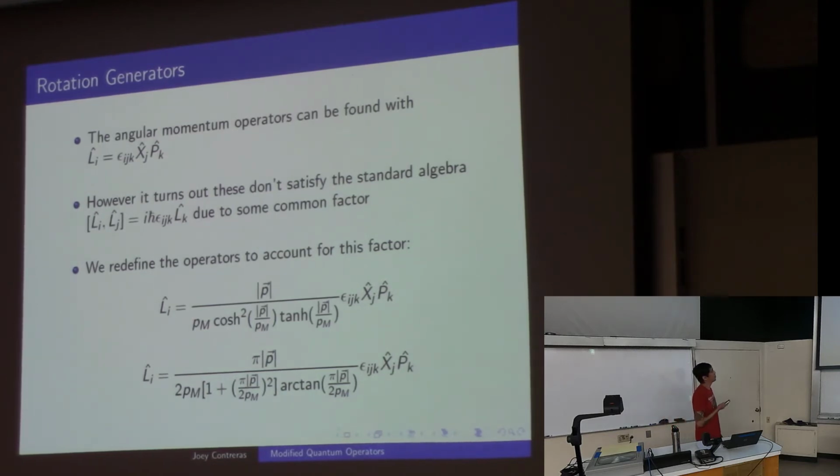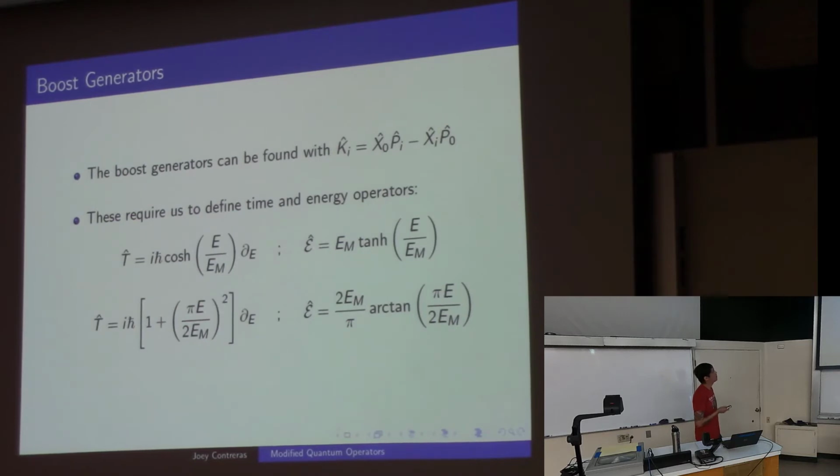The boost operators behave in a very similar fashion. The boost generators can be expressed like this, and before we use this expression, we had to define time and energy operators to go into it. And so we just defined them as follows. Forgive the funky notation, we just didn't want to use a bunch of different E's, so do what you will with that.